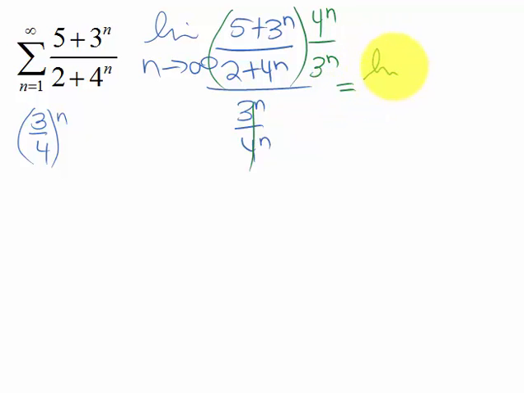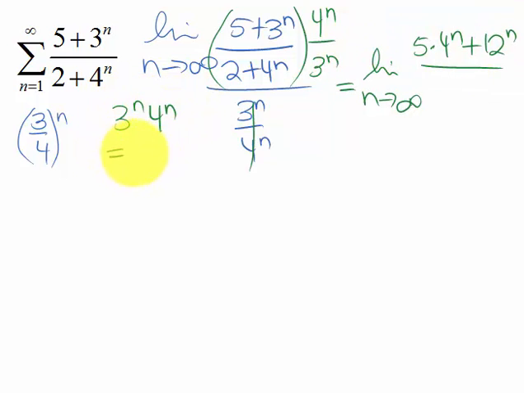So if I combine those, I have the limit as n goes to infinity of 5 times 4^n plus 12^n, and that's 12^n because it's 3^n times 4^n, and I could take that then and make it 3 times 4^n. Now in the denominator I have 2 times 3^n plus another 12^n.